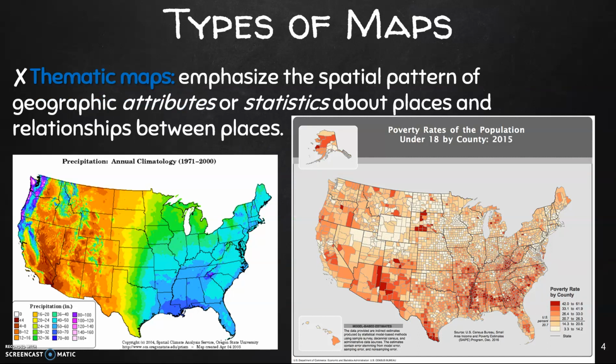Thematic maps, which we're going to primarily be using in this class, emphasize the spatial patterns of geographic attributes or some statistics about places and relationships between places. For example, while a reference map might show the location of cities, a thematic map might also represent the population of those cities.